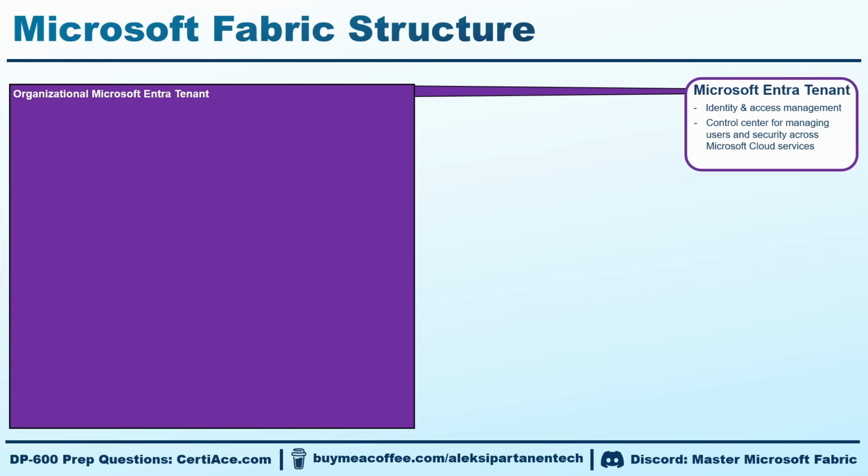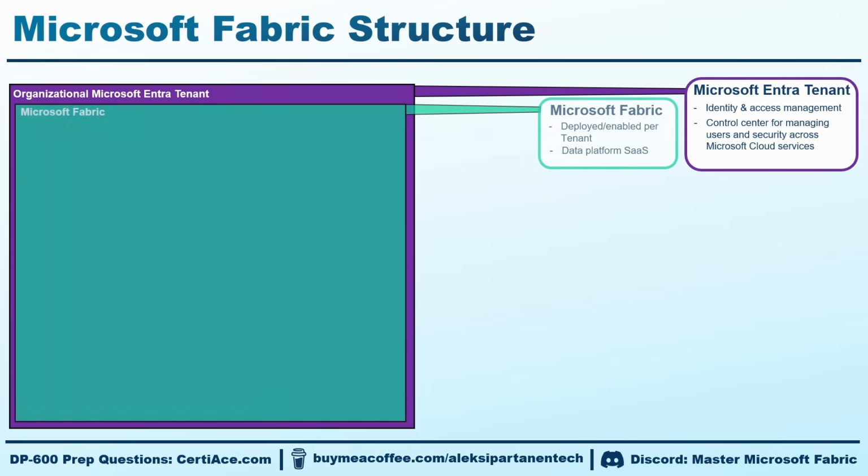And like Teams and other Microsoft Cloud services, Fabric is also one of the cloud services provided by Microsoft, and it is enabled to be used for your organizational tenant like those other services. And at this point, I hope you already know that Microsoft Fabric is a data platform service provided by Microsoft. So this means that there is only one Microsoft Fabric per organization if a single tenant is being used. That is the most typical scenario.